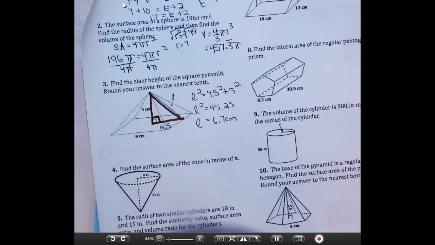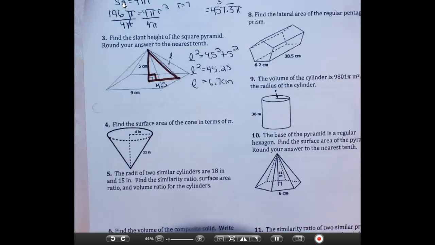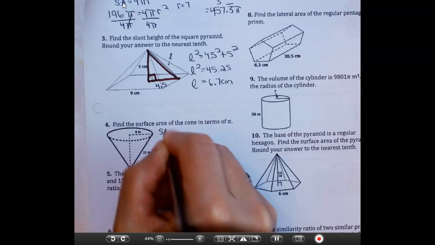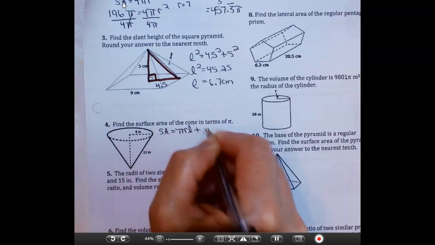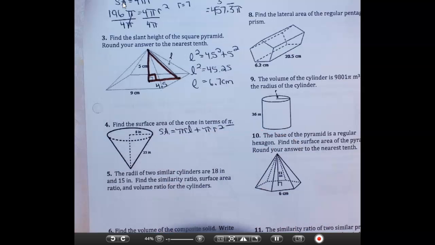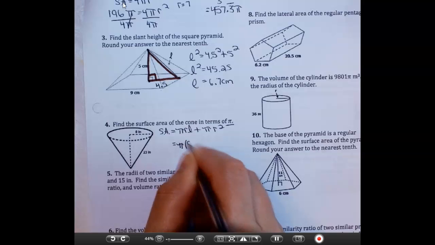All right, number 4, they want us to find the surface area of the cone. Again, looking at my formula sheet, and they do want the whole thing. So we've got pi RL plus pi r squared. Notice it does say leave it in terms of pi. R stands for the radius, which I've been given.